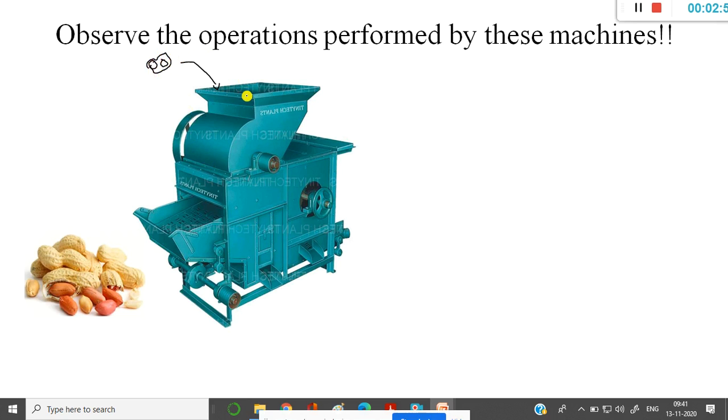These are the input signal for this particular system, which I will call a system, and this is the input. What is the output from this? There are two parts: one is wastage and the other is groundnuts. So two components come out from this system.